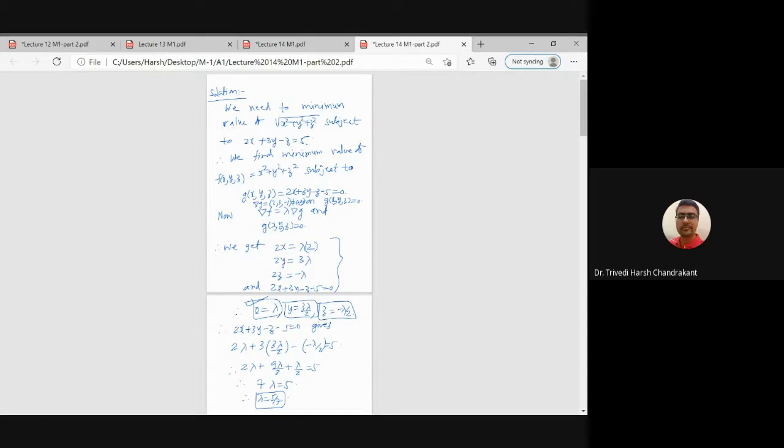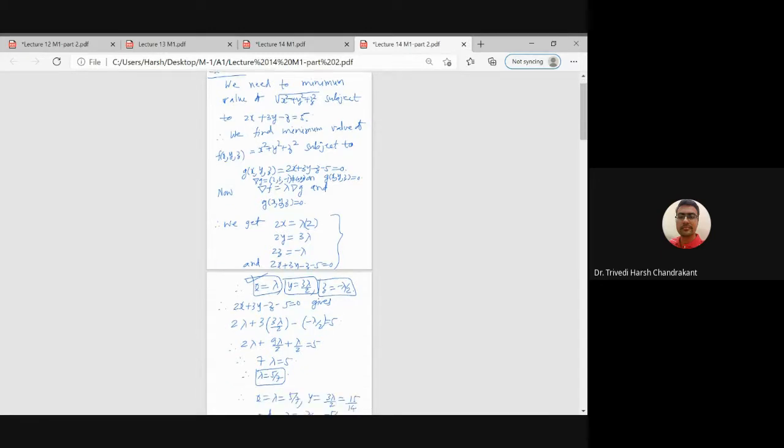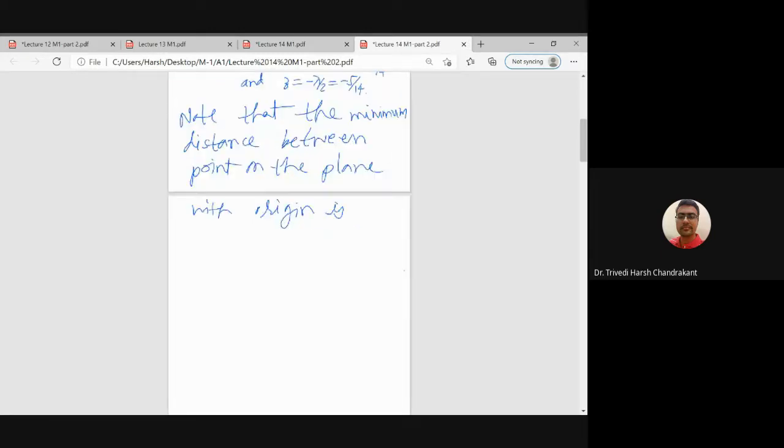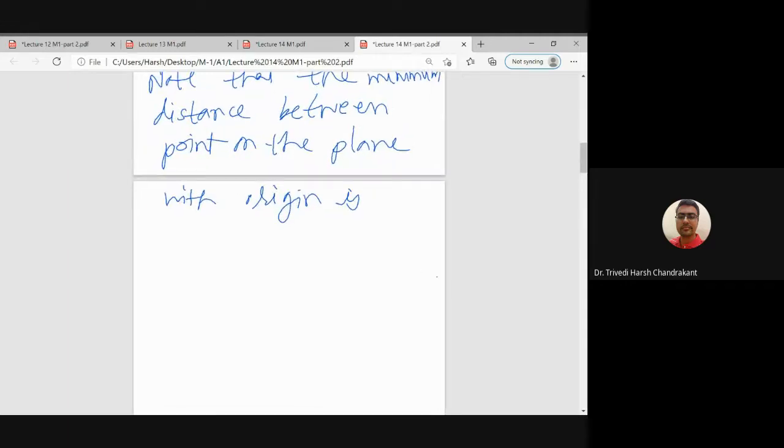That means square root of the function f at this point. So the final answer is square root of f of 5 by 7, 15 by 14, and minus 5 by 14. So finally, we can compute these. This turns out to be square root of 350 divided by 196. So this is basically the answer of this question.